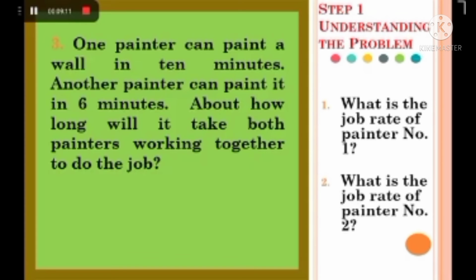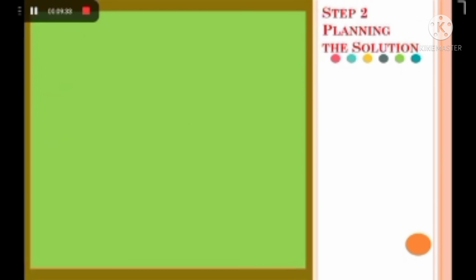What is the job rate of painter number 1? Painter number 1 can paint a wall in 10 minutes. Then, what is the job rate of painter number 2? Painter number 2 can paint one wall in 6 minutes. So, step 2, planning the solution.